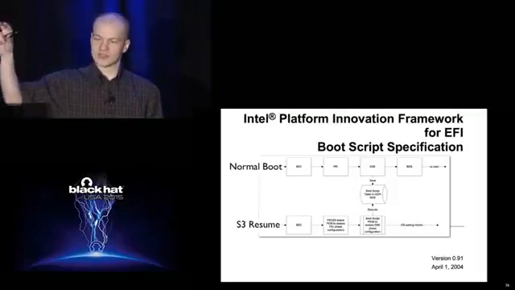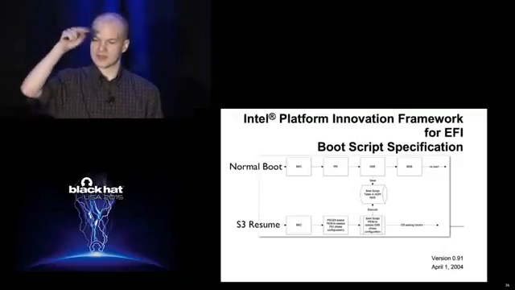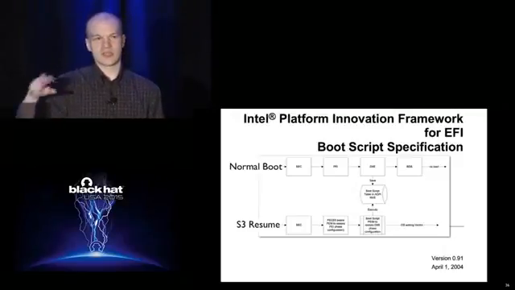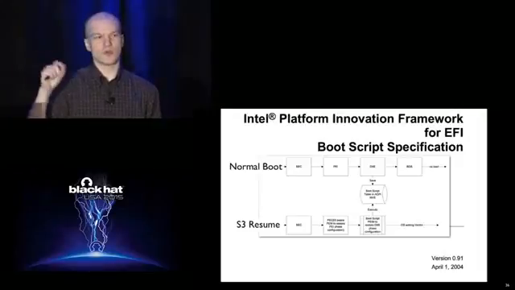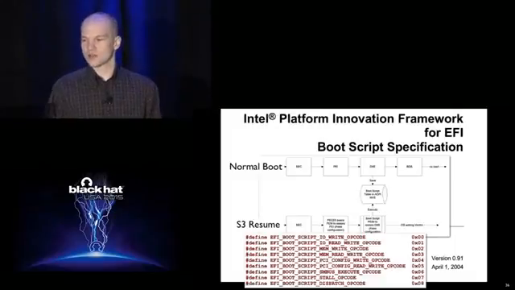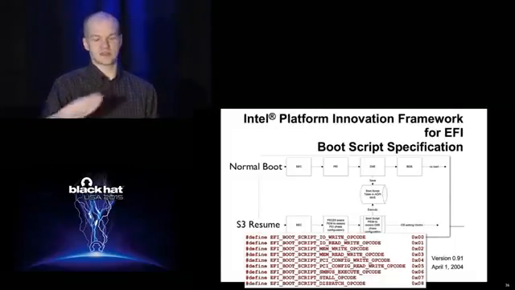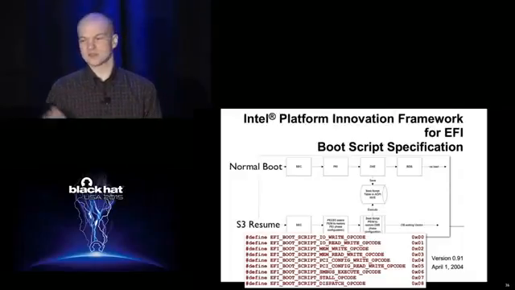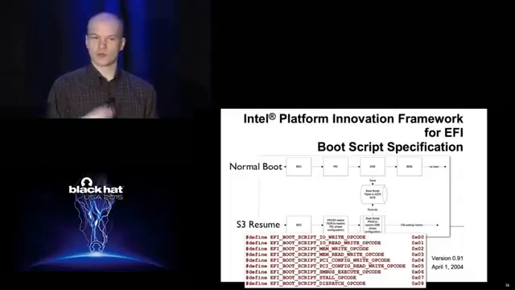And so on the top row, that's the normal boot process where you save off your script of what you're going to execute when you wake back up. And on the bottom row, upon resume, you basically just walk through and execute each of these opcodes within the script. The opcodes do basic activities like writing to memory, reading from memory, writing via port I/O, reading via port I/O.